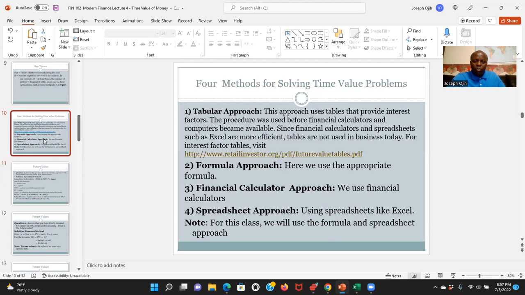Remember, I mentioned that there are 3 methods: the tabular method, where you use the interest table for future value or present value, then the formula approach and the financial calculator approach, and the spreadsheet approach. So we did the spreadsheet approach using Excel. Now we'll be looking at the formula method and the tabular method.